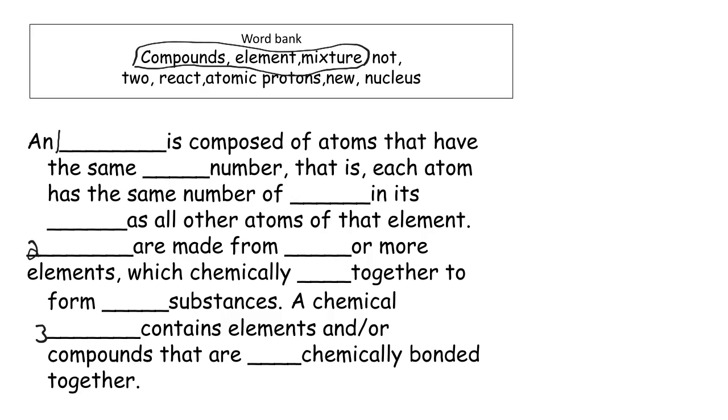What did we get? A, B, or C? What would you say this was? A blank is composed of atoms that have the same blank. So what is it? Compound, element, or mixture?